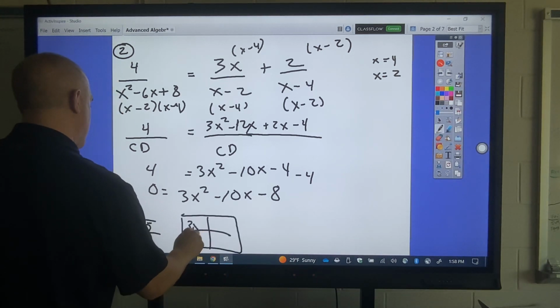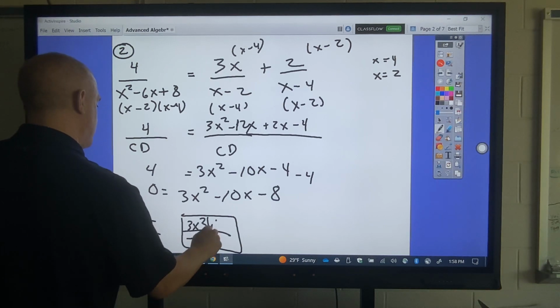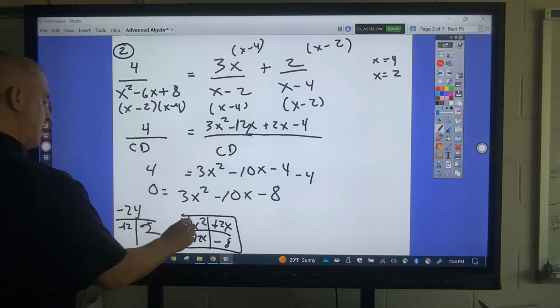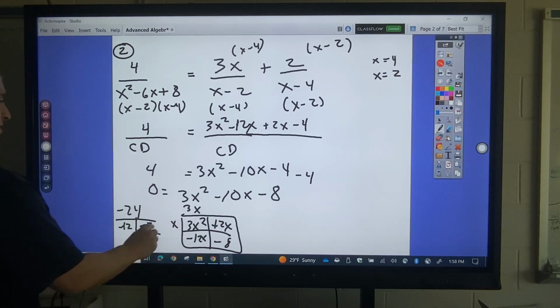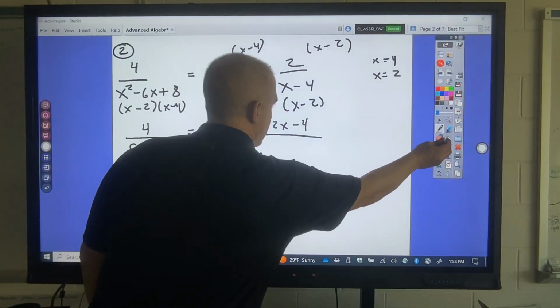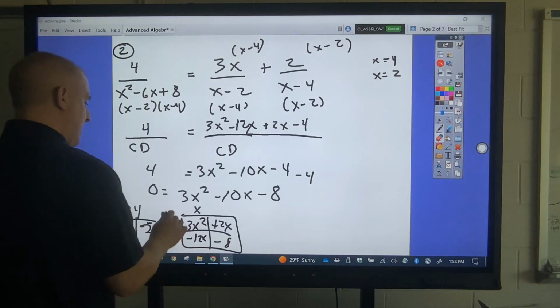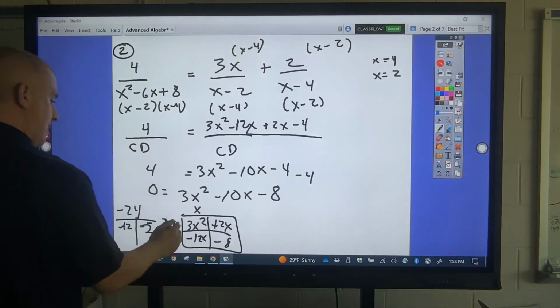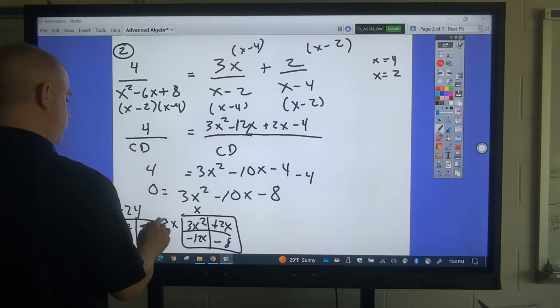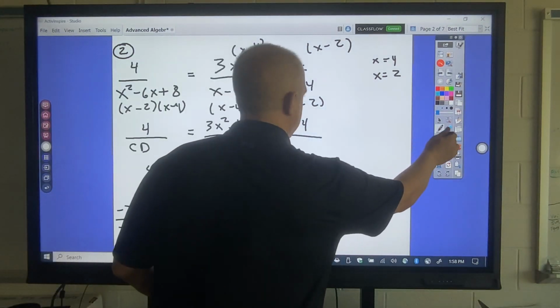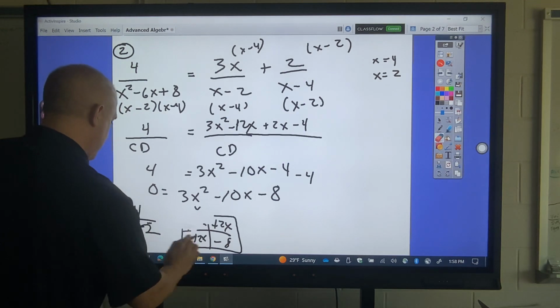That's 3x squared minus 12x plus 2x minus 8. I'm sorry, that should have been 3x here. What am I doing? It should have been 3x, that should have been x. No, sorry, I'm getting confused here. Hold on.